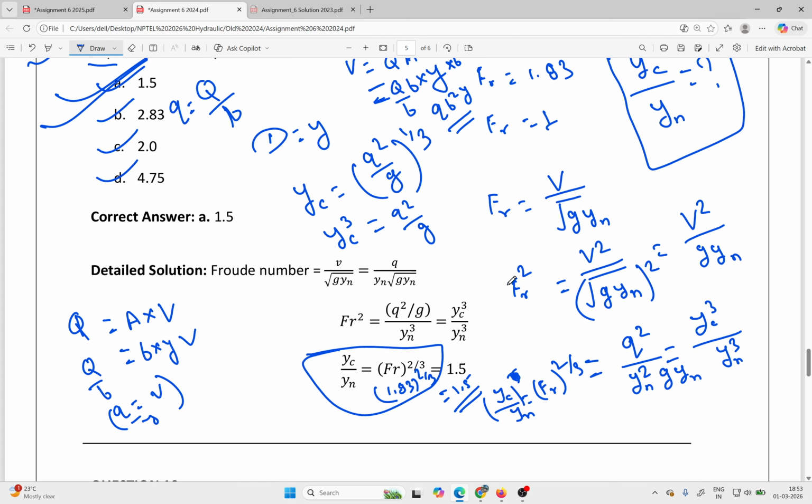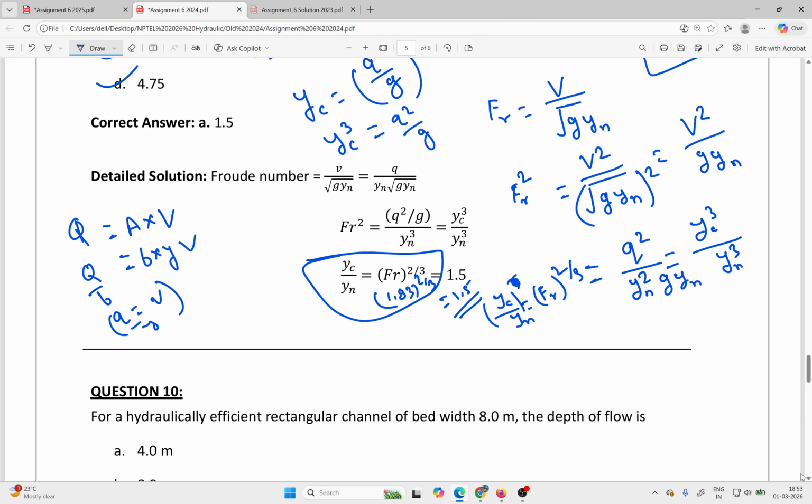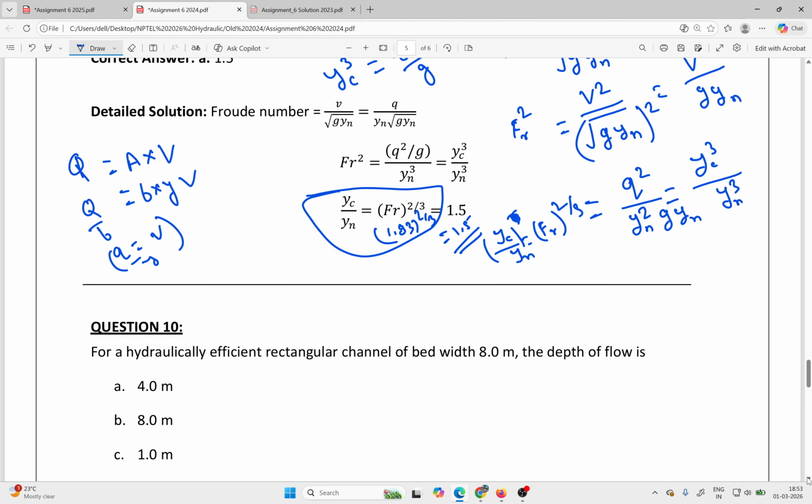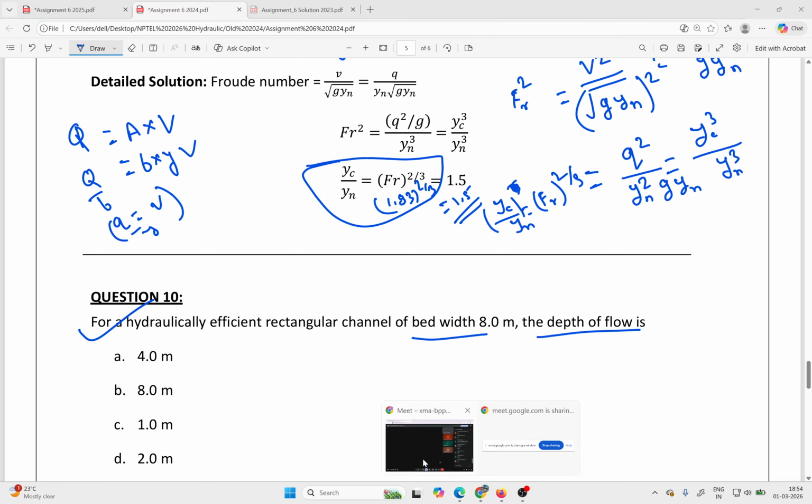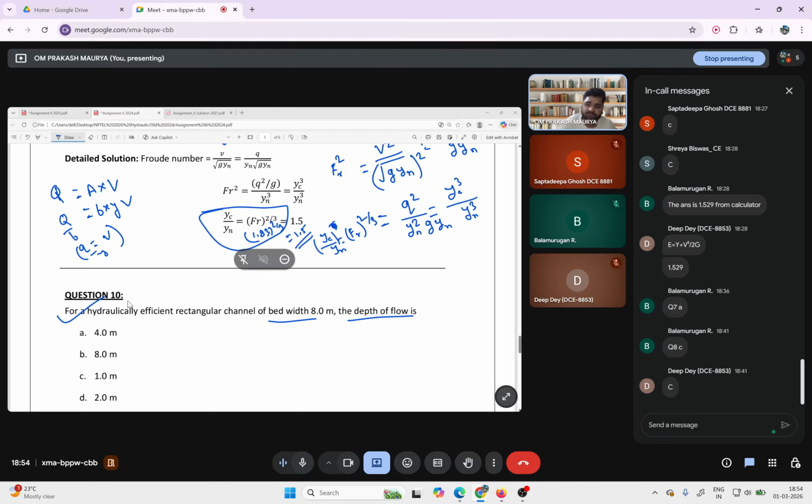So now we'll move on to the next. Next question, for a hydraulically efficient rectangular channel, width is 8, the depth of flow is. Please try to write your answer in the chat box for question number 10.